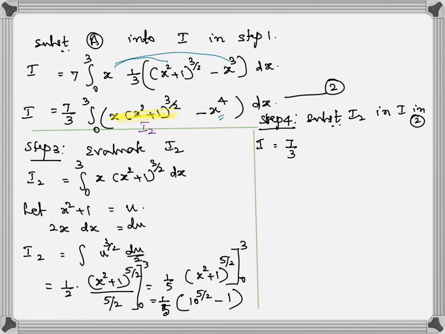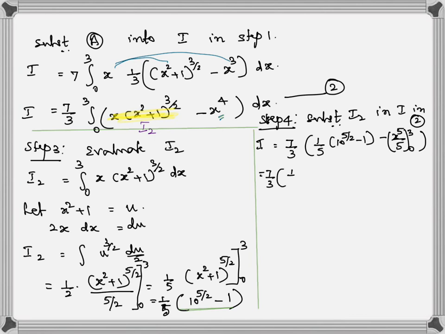Then we are substituting for I2, which is 1/5 times (10 to the power 5 by 2 minus 1), which is taken from here in this step, minus x to the power 5 over 5, because that is the integral of this x to the power 4 between the limits 0 and 3.